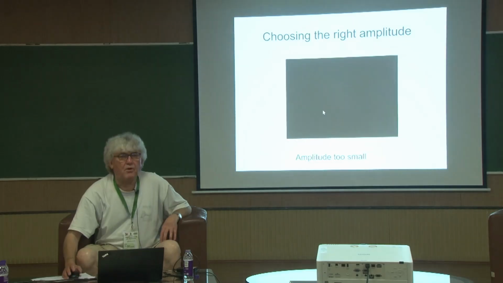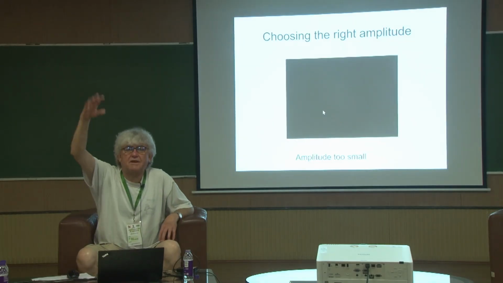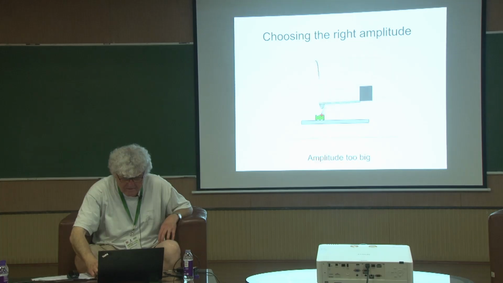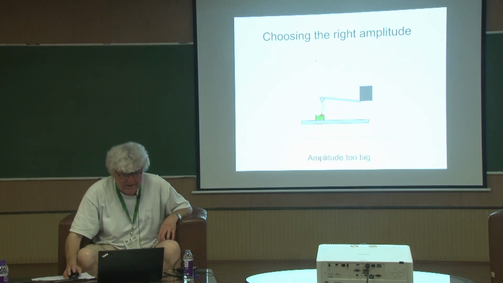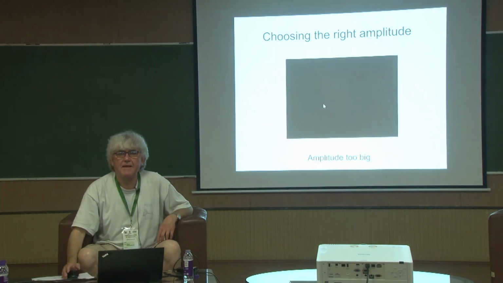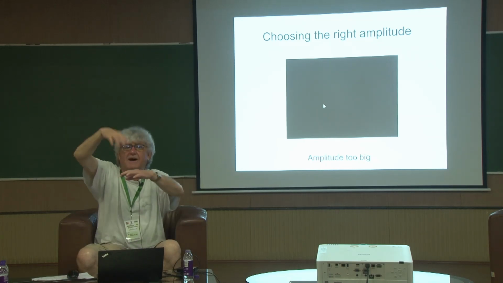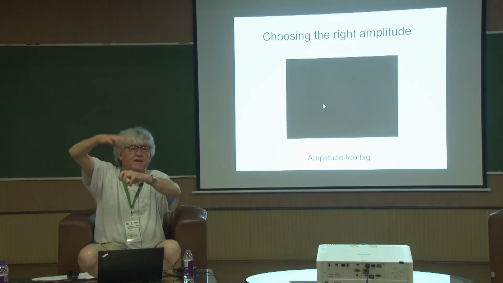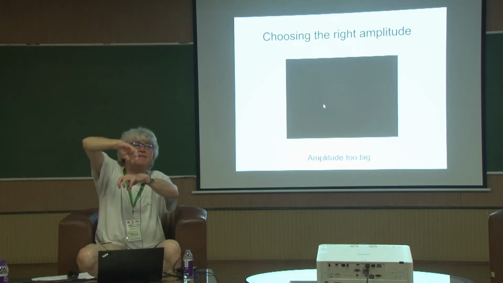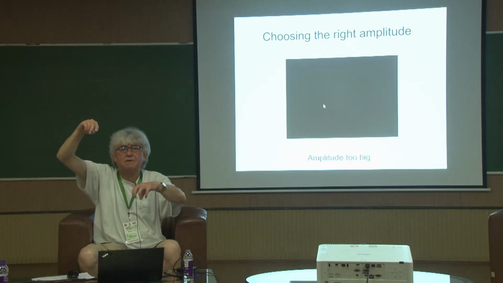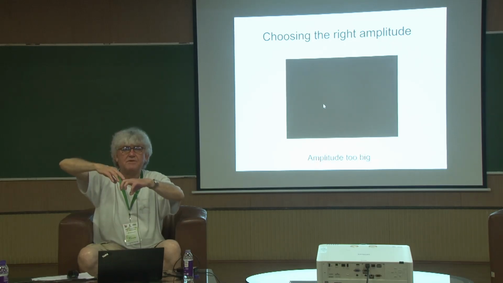Here, the amplitude is too small, so you don't get a signal from stretching of the crosslinker. And here, the amplitude is too big; it always dissociates. The consequence is that, because we are oscillating so fast, if we detach the bond, the probability of rebinding in the next oscillation is rather low. So basically, we really have to choose the right amplitude.